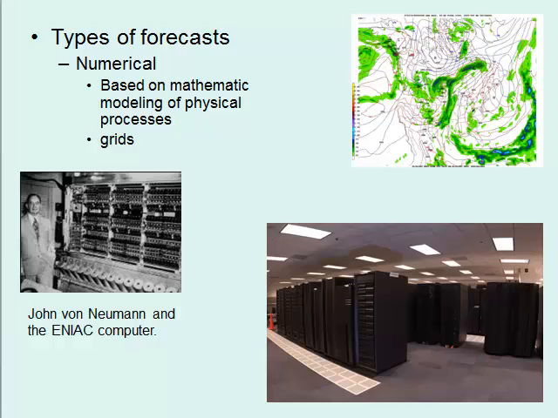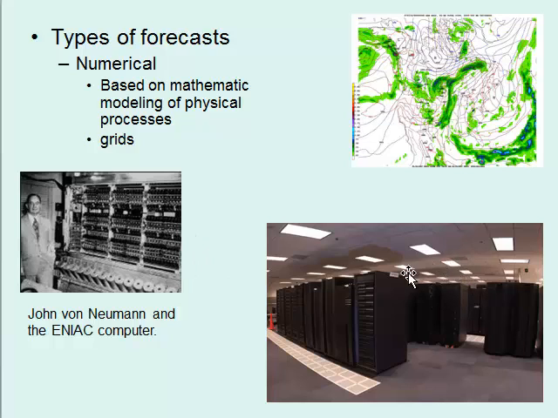And then we can use numerical models. This is based on mathematic modeling of physical processes. So this is actually what's used the most. So we take these newer, more accurate, more powerful computer programs that we are using, which can take a lot of this information, can take the climate data, can take the persistence data and put it into these mathematical models.